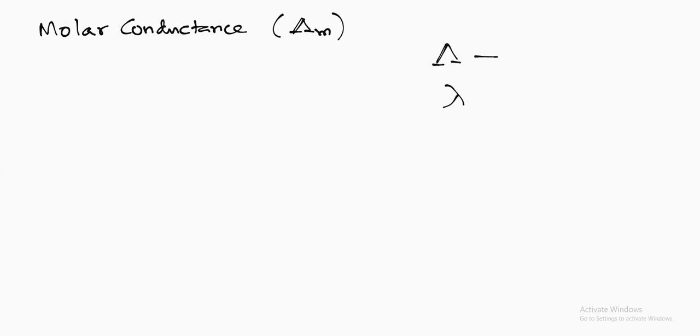We use big lambda for the whole electrolyte, and small lambda for ions. If you want to give equivalent conductance of an ion, use small lambda. If you want to give equivalent conductance of an electrolyte, use big lambda. But both have the same meaning, equivalent conductance or molar conductance.